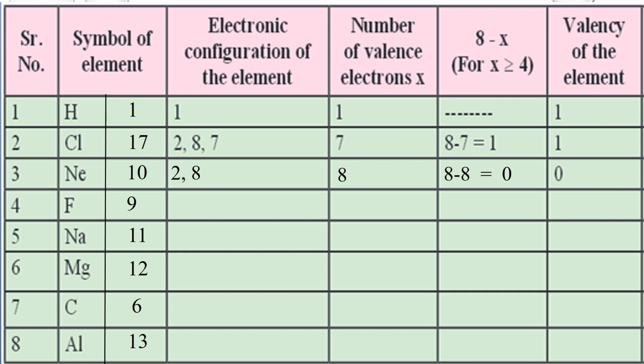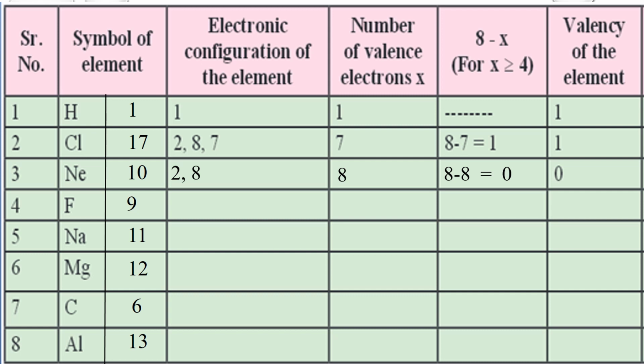Chlorine has a valency of 1, so it can form one bond with another atom. Neon has a valency of 0. What does that mean? It means that neon does not form any bond with any atom. That is why the valency is 0. So valency is giving you an idea of how many bonds can be formed with another atom.